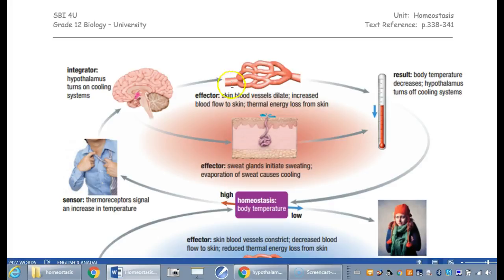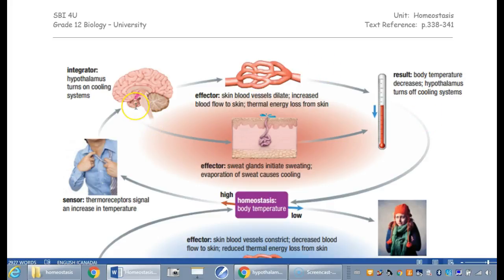The blood vessels expand and move closer to the surface of the skin as opposed to away from our core. As the heat leaves through our skin, our body temperature decreases, and that sends a signal to our body to stop dilating our blood vessels.